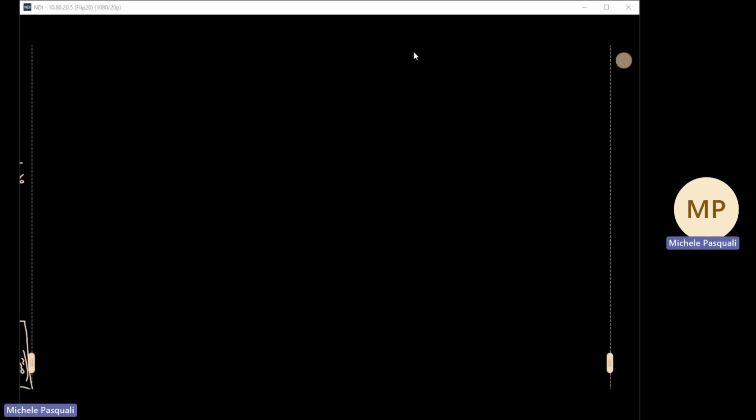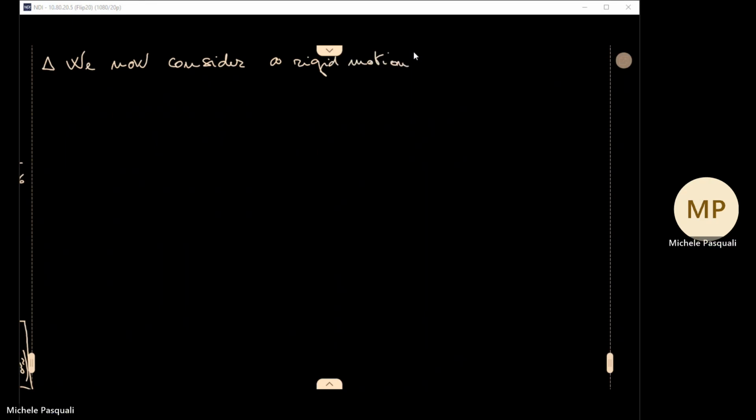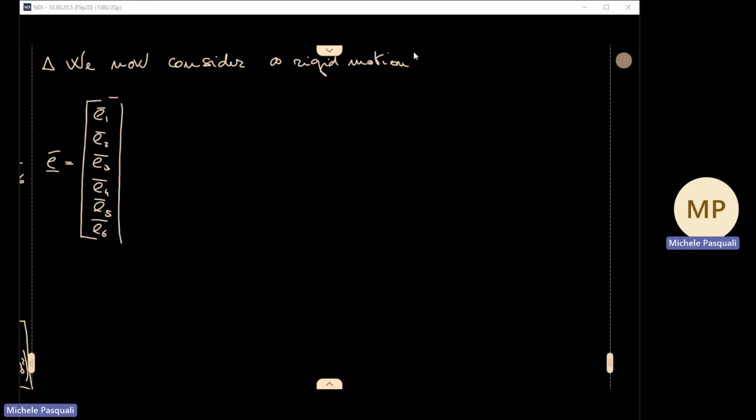So we now consider a rigid motion. So again, we have to determine all the vectors of the nodal coordinates.